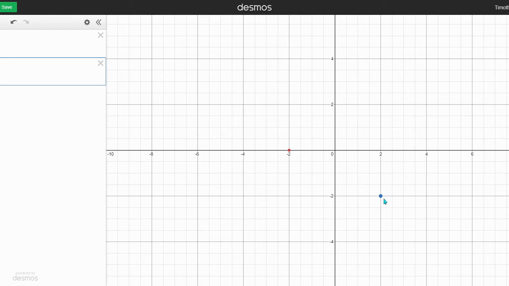I want to keep that same slope. So this time, let's try this. If I go up 4 and put a point there, that would be 0, 4. Let's check this out: 0, comma, 4.